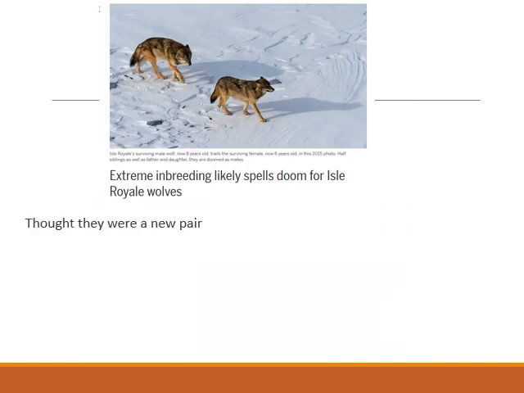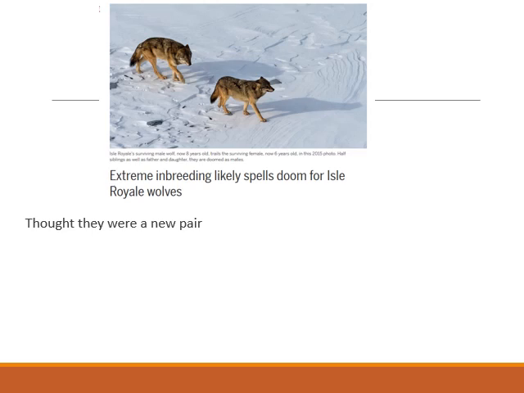And again, we were talking about DNA and looking at wolves and how few there are, and it's important to know which wolves you're looking at so that you can identify any new individuals, so you know the actual population size. And a big part of the problem that they're going to be experiencing is extreme inbreeding, because they're all so closely related at this point, and there's so few of them.